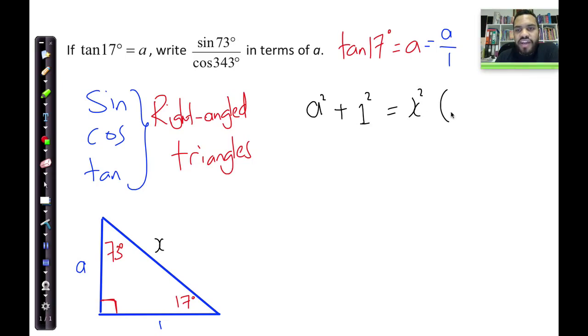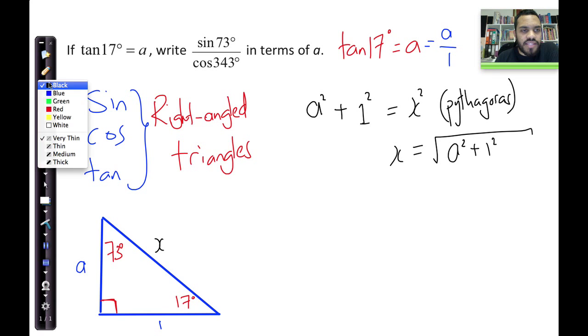That's actually Pythagoras. And then I can solve for what x must be. x has to be the square root of this whole thing on this side here. x is equal to the square root of A squared plus 1 squared.